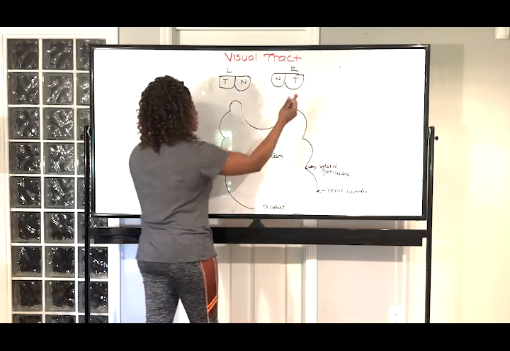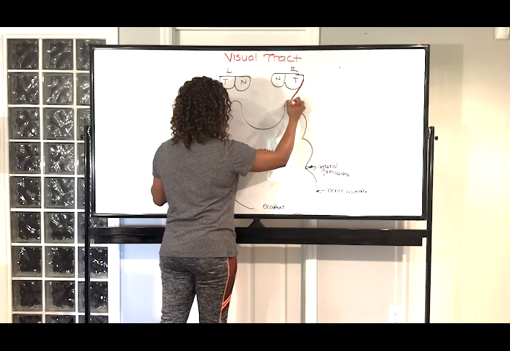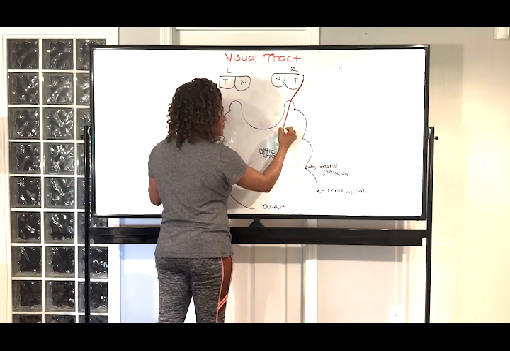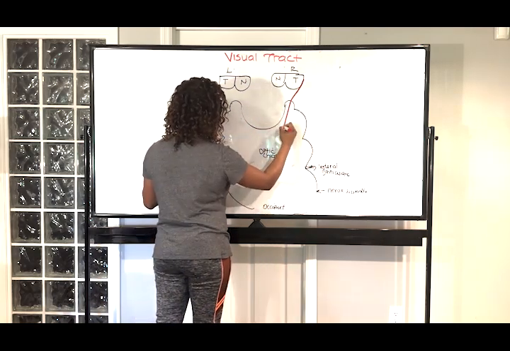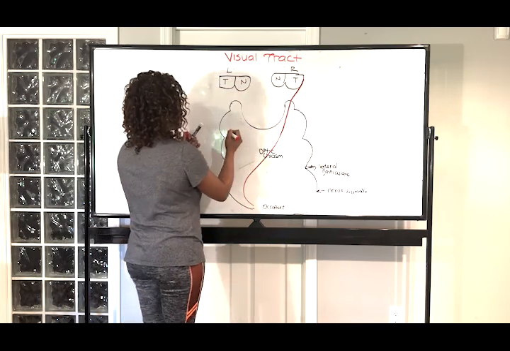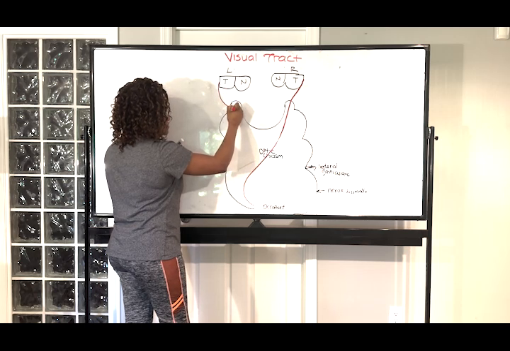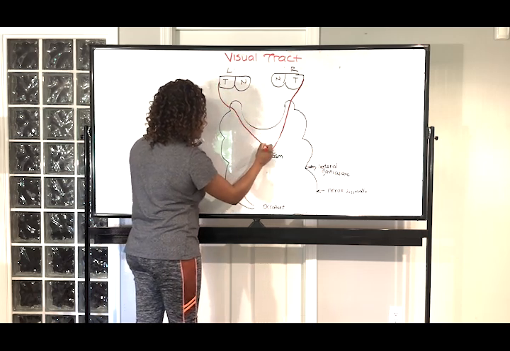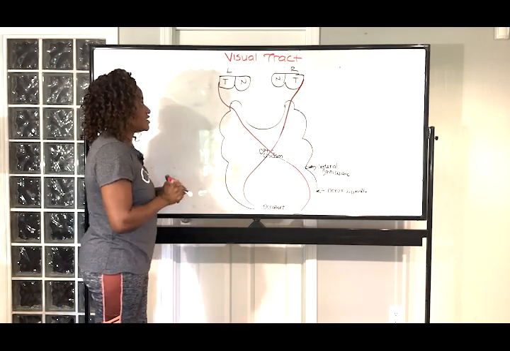So the lateral side, the temporal, is going to be carried by the medial fibers, and these fibers cross at the optic chiasm here. Same thing here. The lateral image carried by the medial, and these are the ones that cross right here.